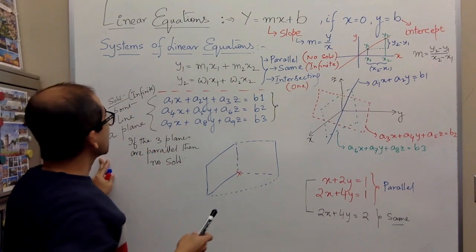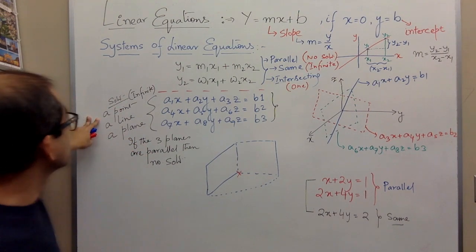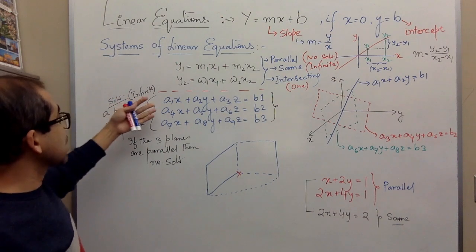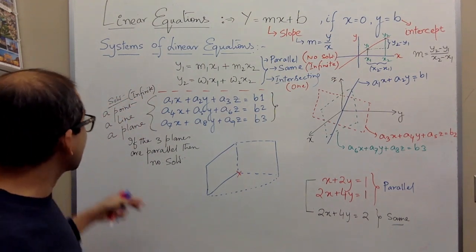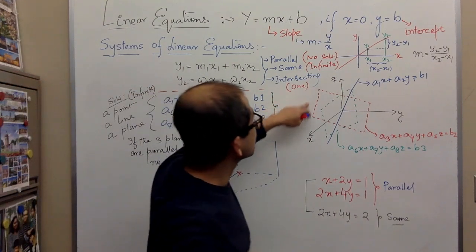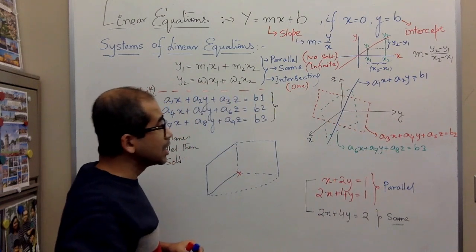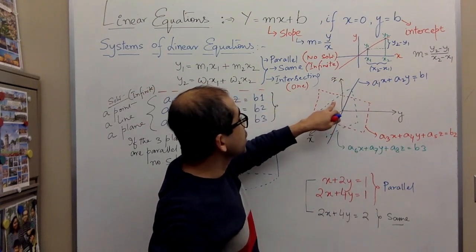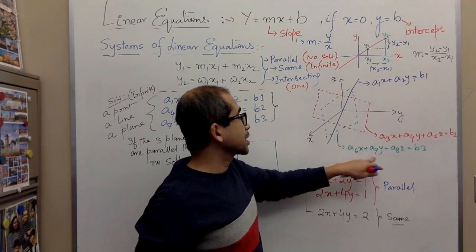Here the solution can be infinite, and the three planes can meet at one point. They can meet at one line. They can meet at a plane. So multiple things are possible. Let's see here. This red one is a plane, which is an equation involving x, y, and z. The green one is another plane involving three coordinates x, y, and z.